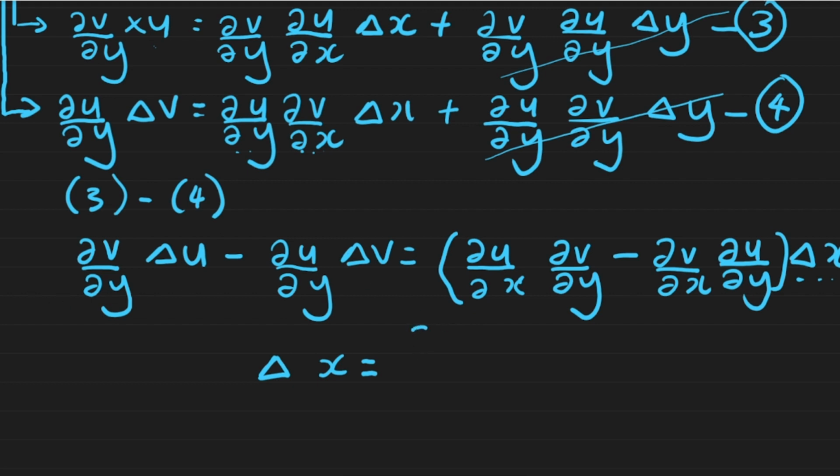That's dv/dy times delta u minus du/dy times delta v. Sorry, that should be a v.